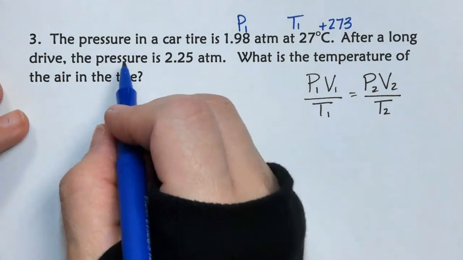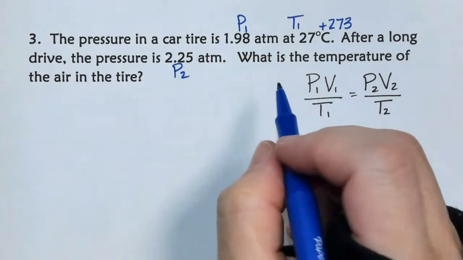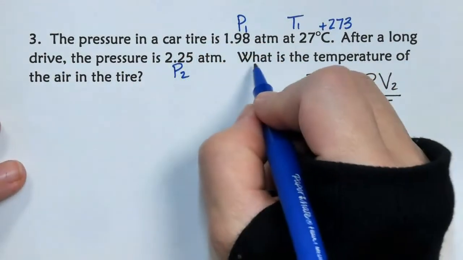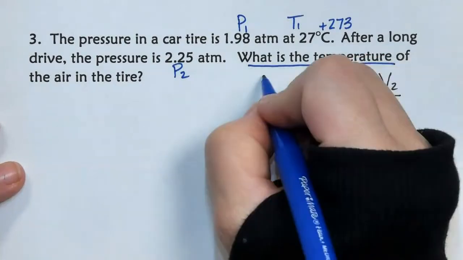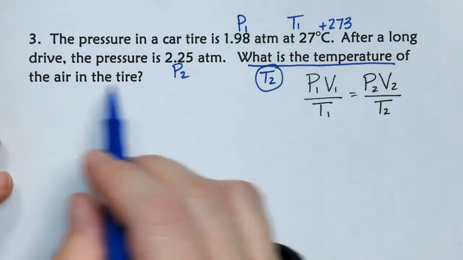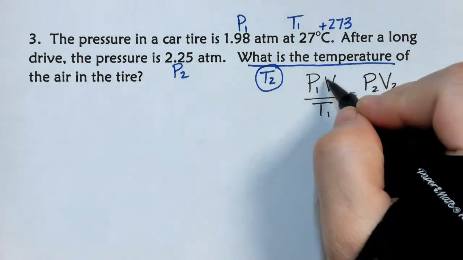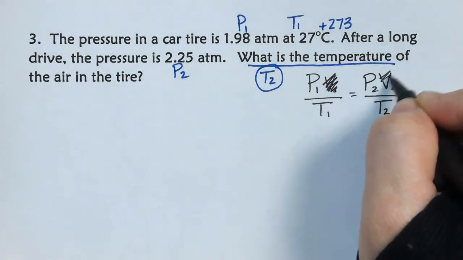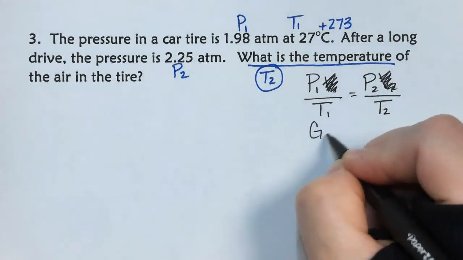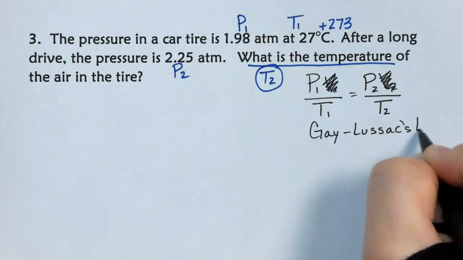After a long drive, the pressure is P2, 2.25 atmospheres. What is the temperature? Because it says what is the temperature, I'm trying to find T2. And then of the air in the tire. You'll notice that we were not given any volumes, and so that means volume is not a factor in this calculation, which is how we know this is a Gay-Lussac's law calculation.